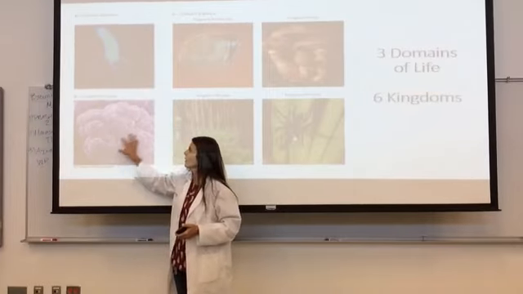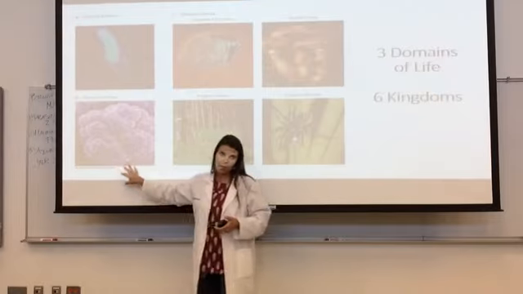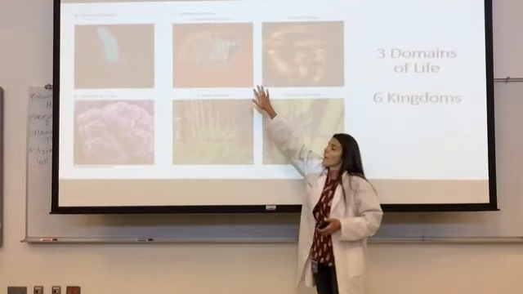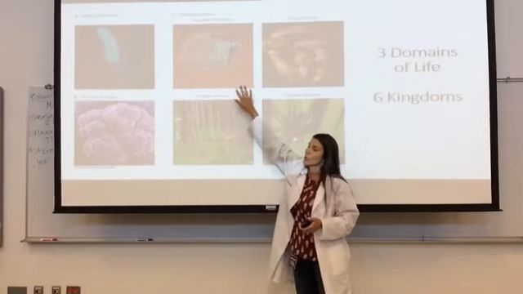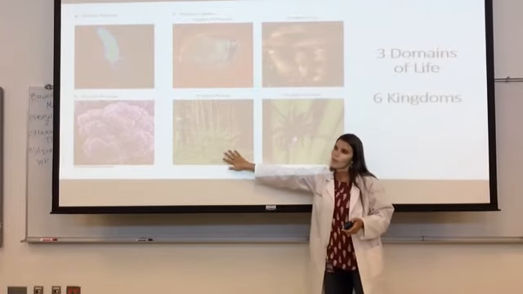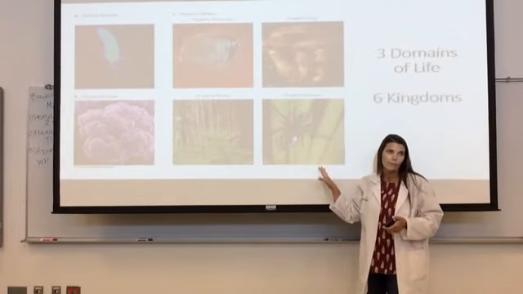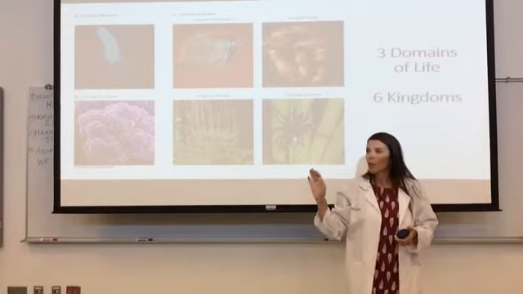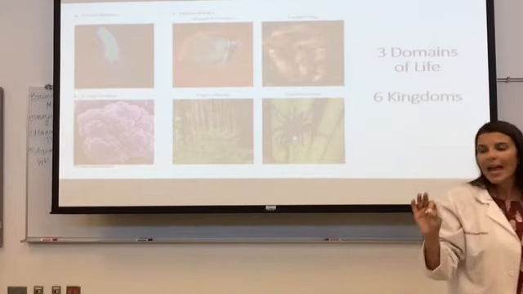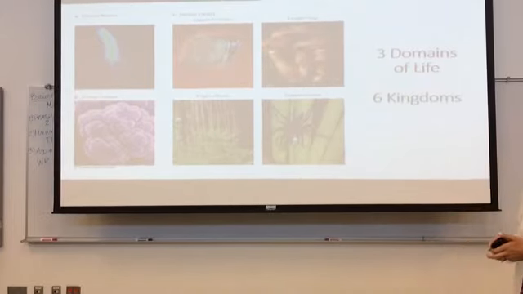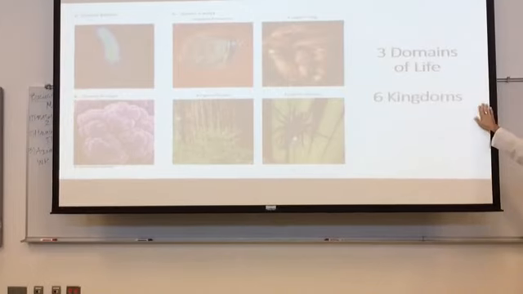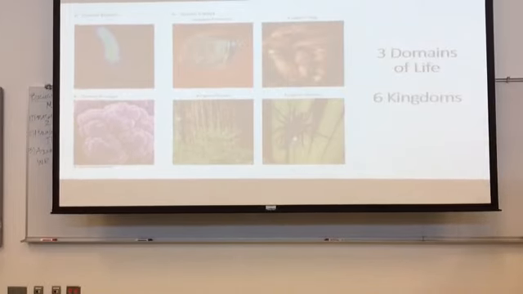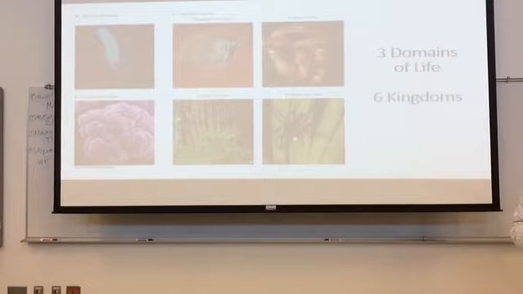Domain archaea, kingdom archaea bacteria. The domain eukarya, kingdom protista, fungi, plants, and animals. Okay? So we recognize 3 domains and 6 kingdoms. Oh, and I put that here too. All right? Clarification needed right now.